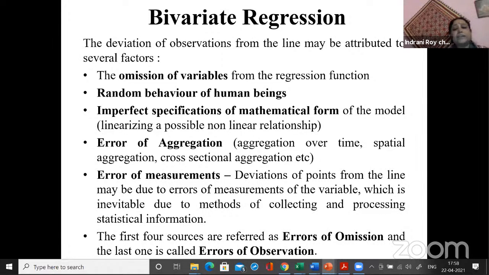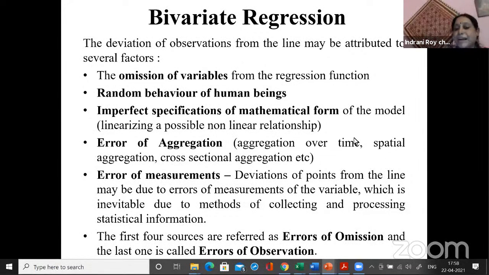Apart from that, there are errors of measurement. Errors of measurement may come from the enumerator side, because the enumerators may be biased in certain associations or for certain causes, and therefore may unconsciously influence the respondents, and therefore the bias gets reflected in the regression, in the scatter plots, where you have very scattered values of x and y.